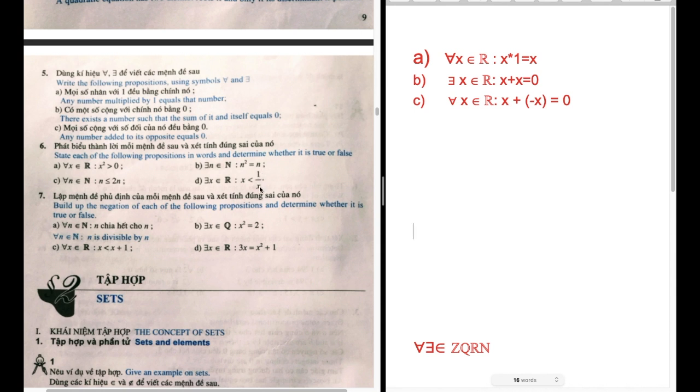That means the inverse of it. Okay. Exercise 7. Exercise 7 is not a very difficult exercise, so you should try to do it.